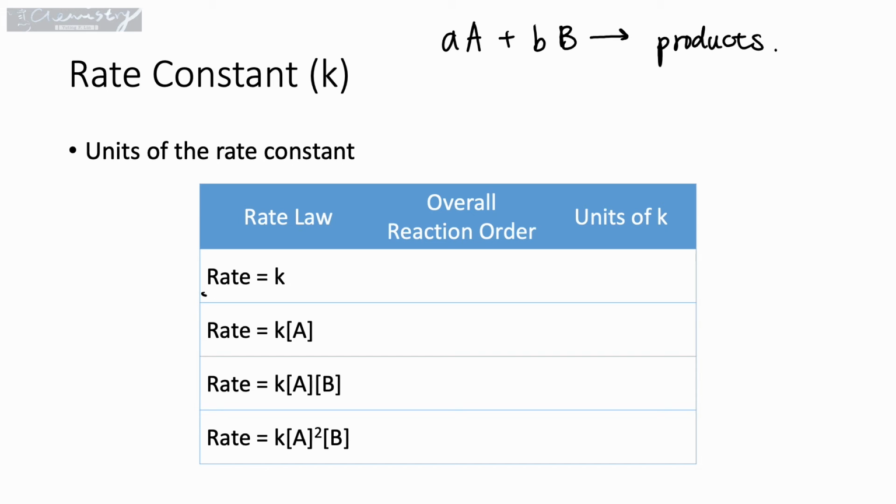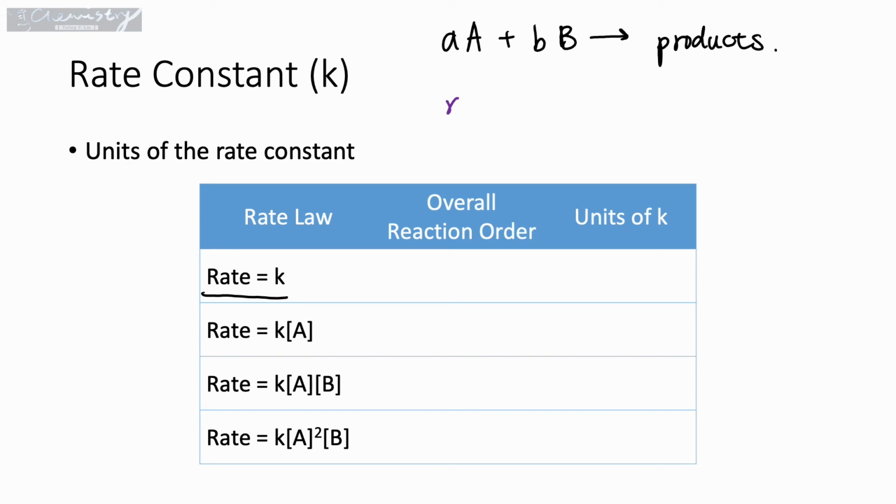Well, if the rate is equal to k, that means that both the concentration of A and the concentration of B are to the 0th order, right? Let me redo this whole thing again.